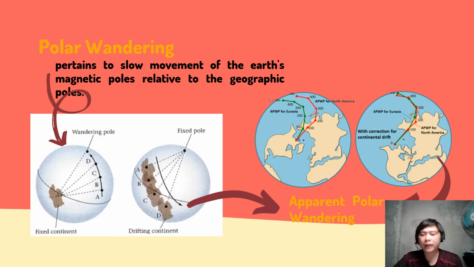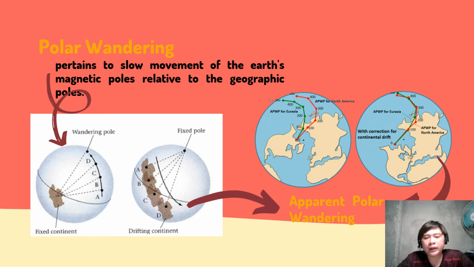So in paleomagnetism, there is what we call polar wandering and apparent polar wandering. Polar wandering pertains to the slow movement of the Earth's magnetic poles relative to the geographic poles. As you can see there, it is the continent that is fixed, and the pole is wandering or changes its location.